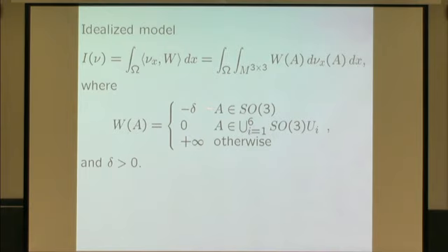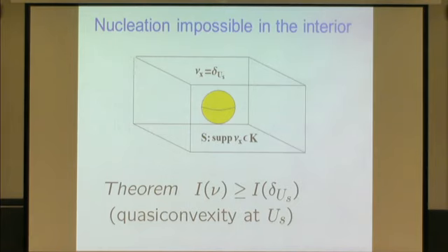So on the austenite, the energy is going to be minus delta with delta positive. And with the approximation that elsewhere it is going to be plus infinity. So the domain of this function W, where it's finite, is the union of the austenite and the martensite energy wells, and elsewhere it is infinity. So nucleation is impossible in the interior.